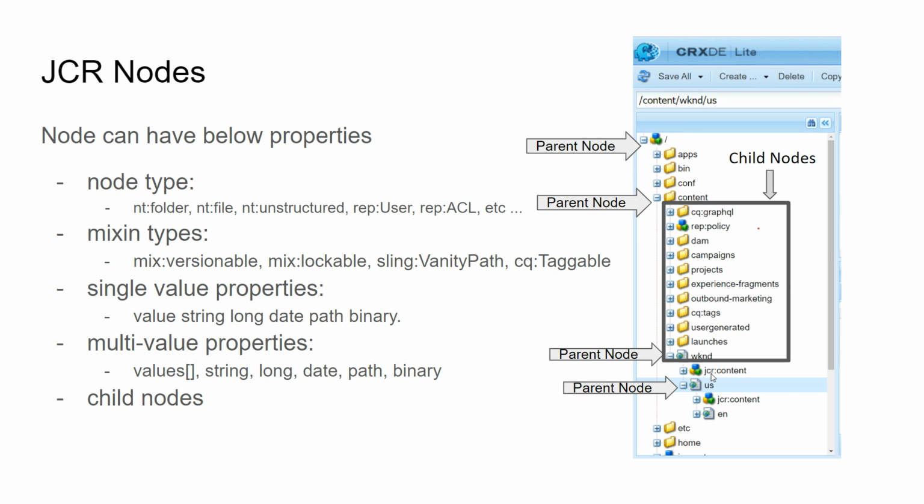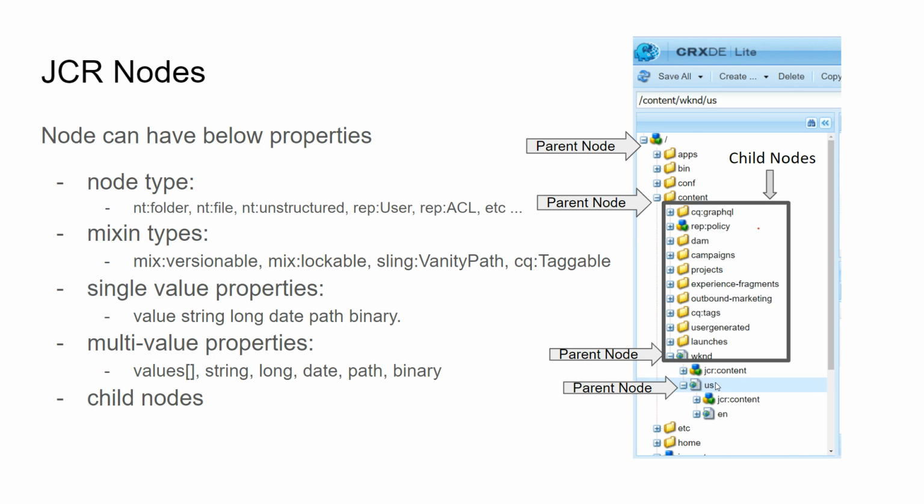Different types in the sense that a node, based on its type, is meant for some job. Here it is just a basic node. Here it is a folder node. Apps is a folder node.